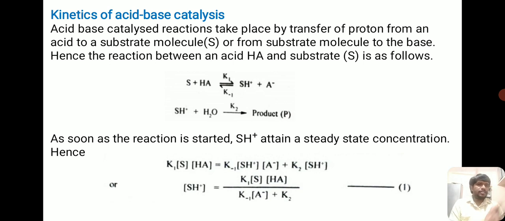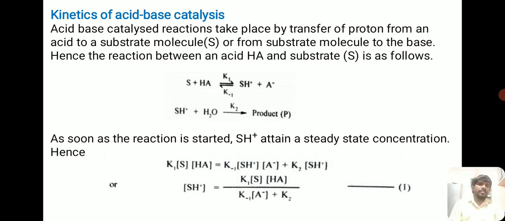It is a reversible reaction and the reverse constant is given by K-1, where this SH+ treated with water, that is a hydrolysis, gives rise to a product, that is P. As soon as the reaction is started, SH+ attains a steady state concentration.